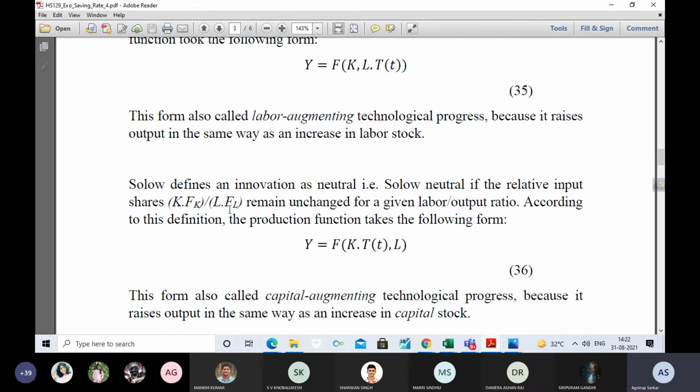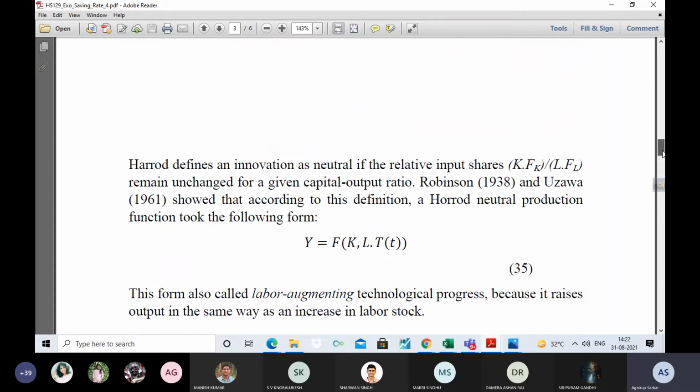L F_L by K F_K, right? L F_L by K F_K would remain unchanged for a given labor to output ratio. Actually here, if you look into the lecture note, it's written as K F_K by L F_L. It would rather be the other way around.